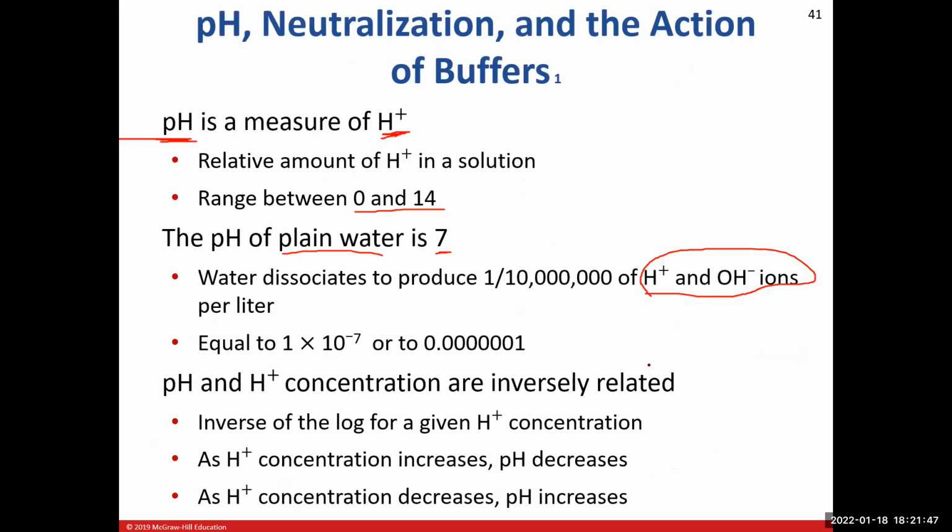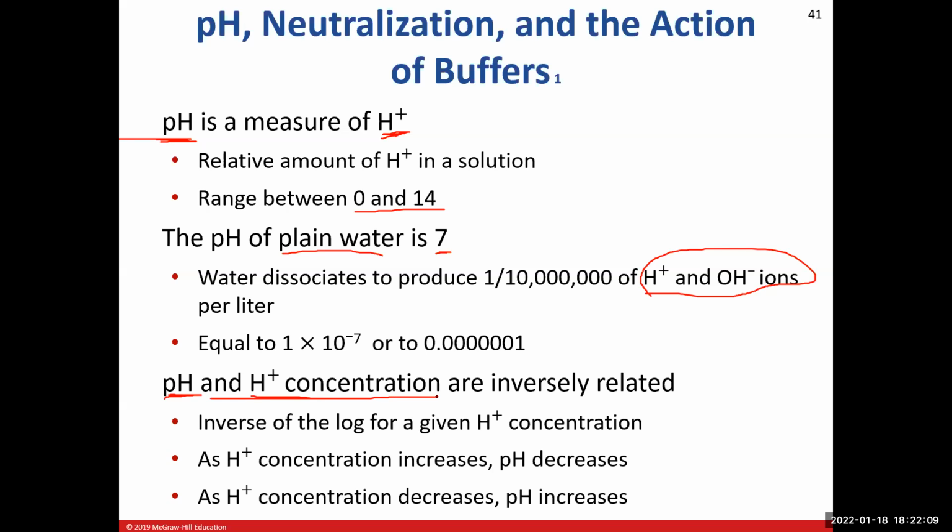All right, so here's the next concept that I want you to understand. When we talk about the pH value and the concentration of the hydrogen ions in a solution, those two values are what we call inversely related. Real easy to remember.